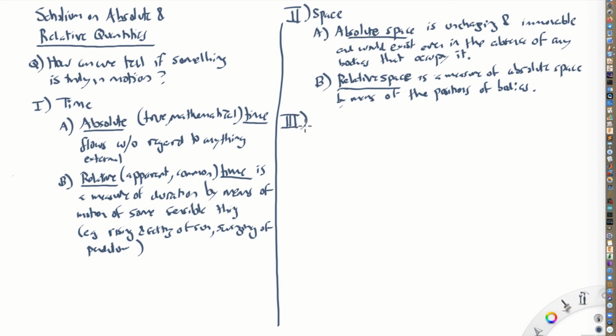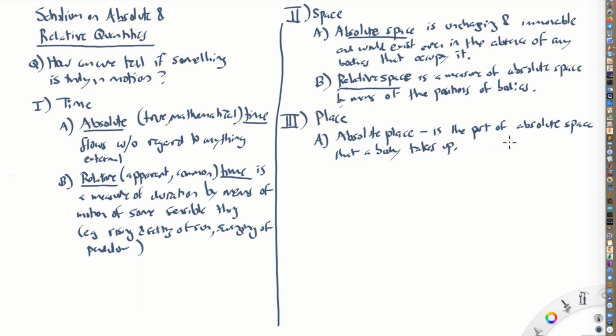I didn't mention this at the outset, but I'll mention it now. Place. Once again, Newton distinguishes between absolute place, which he says is the part of absolute space that a body takes up or occupies.